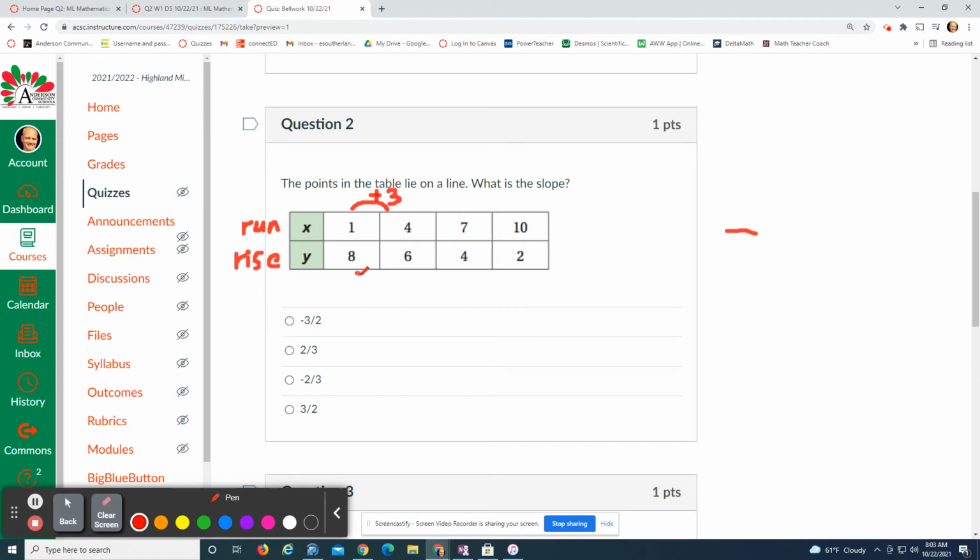What do I got to do to 8? Subtract 2. So what goes on top? The negative 2, right? What goes on bottom? 3. So the slope of this is negative 2 over 3. So we would select this one here.